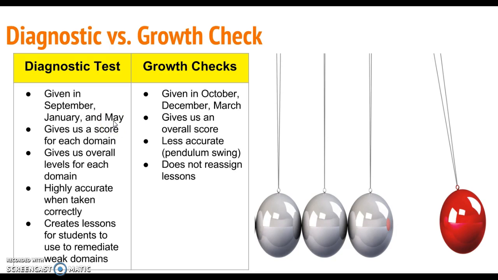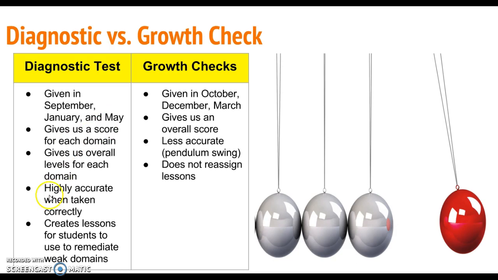They are much longer because they give us a score for each of those domains that we just looked at. It also gives us an overall level for each of those domains, whether you're a level 5, a level 6, a level 7, a level 8. They are highly accurate when they're taken correctly, meaning when you take these tests the way that you need to, they are a very good indicator of what you do and do not know.